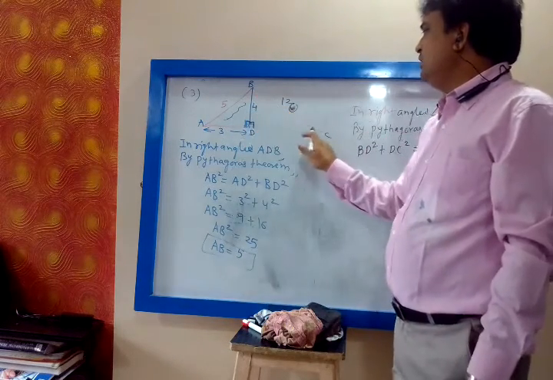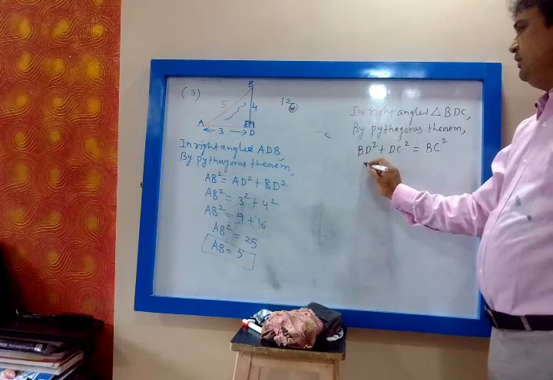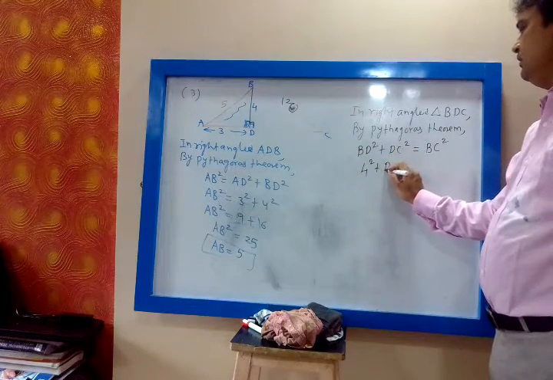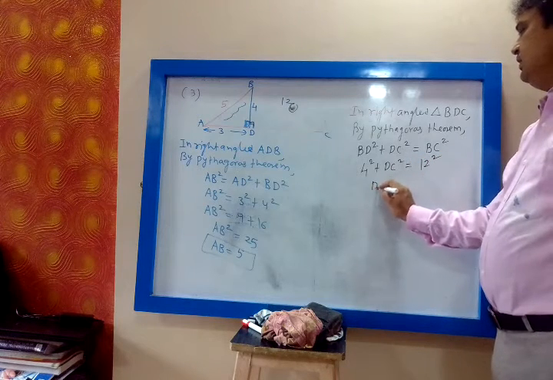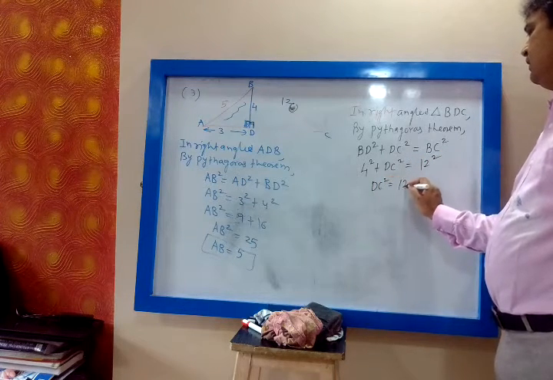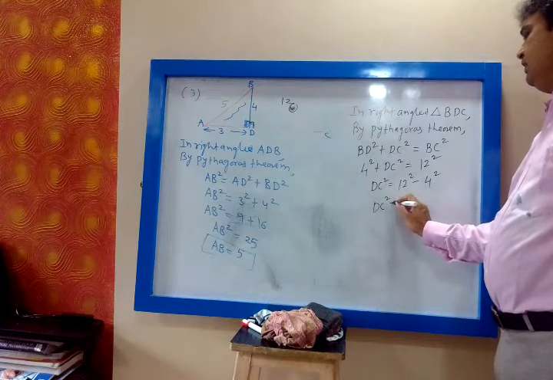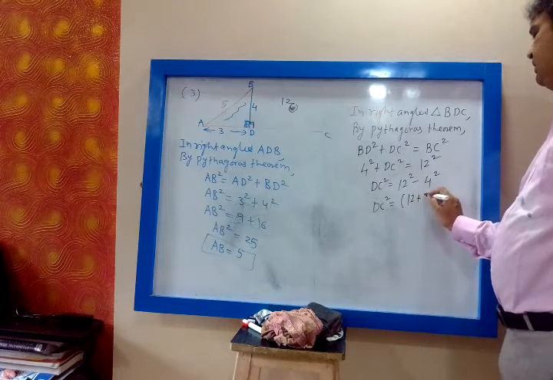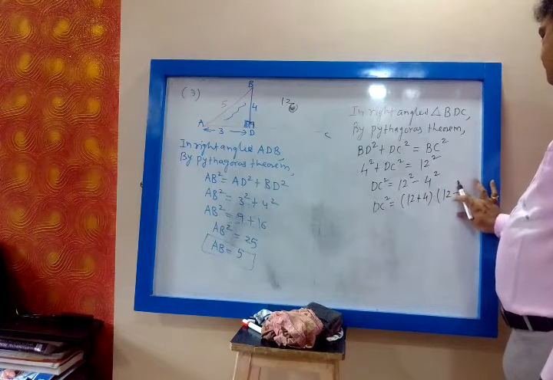BD square plus DC square is equal to BC square. BD is given 4 square plus DC square, we don't know. BC is 12 square. So DC square is 12 square minus 4 square. Apply A square minus B square, A plus B into A minus B.